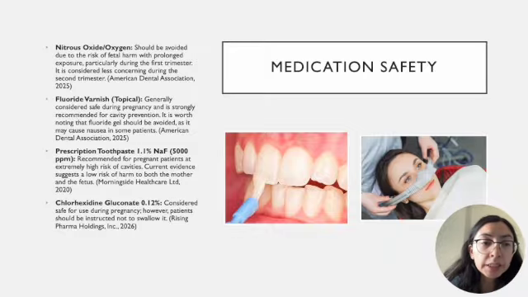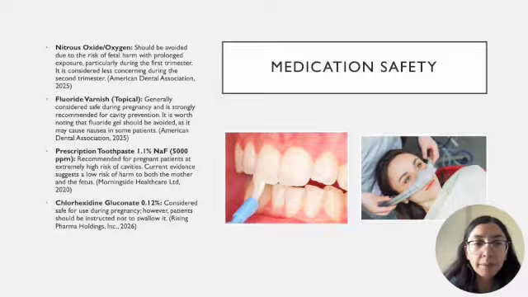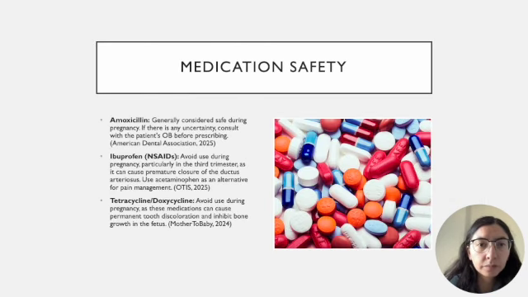Then we have chlorhexidine gluconate 0.12%, considered safe for use during pregnancy, but patients should be instructed not to swallow it. And we continue. Medication safety, amoxicillin, generally considered safe during pregnancy. If there is any uncertainty, consult with the patient's OB before prescribing it.